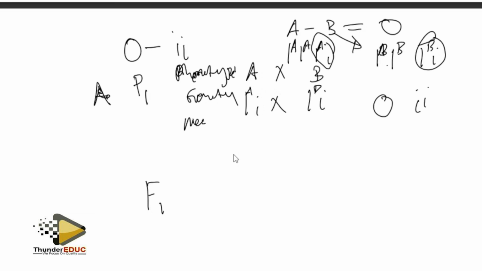Then meiosis will take place. Some people then say A, i, B, i, and then I circle them. Please don't put a cross here. Please don't. You'll get 0 there. Please don't put a cross there.